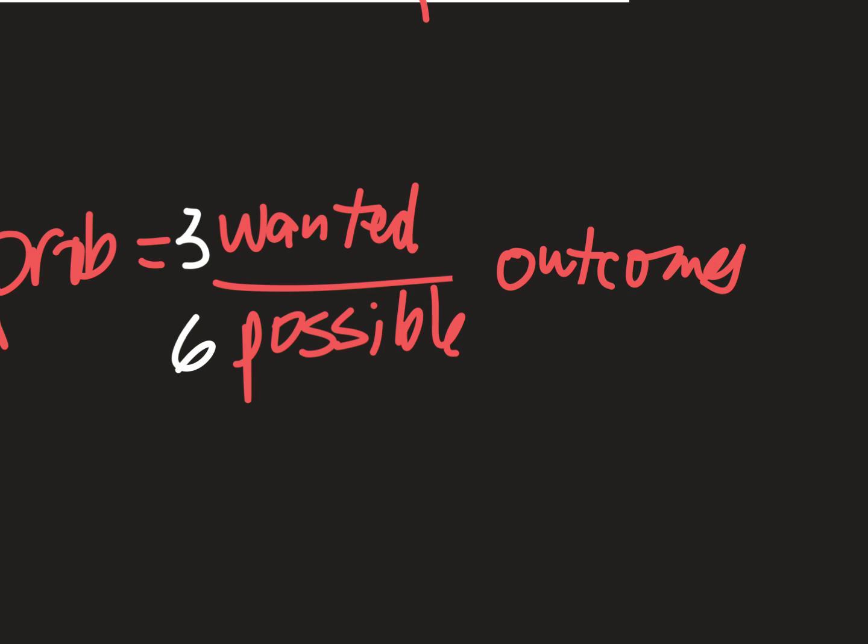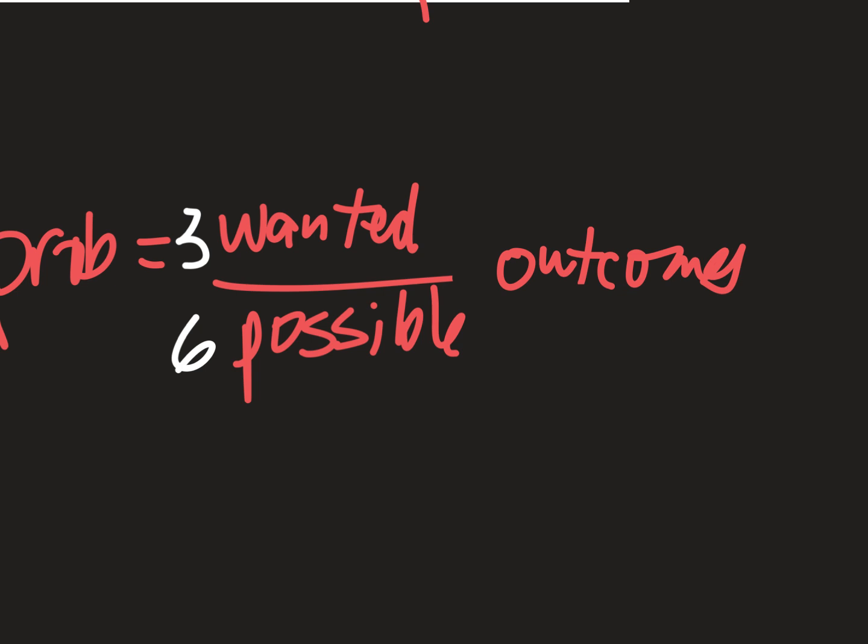Let's say I was doing it in this class and I wanted to do it with the probability that I randomly pick a kid and they have white shoes. How many of you look at your shoes would say, I have white shoes? Raise your hand if you would say you have white shoes. I mean, predominantly white. 1, 2, 3, 4, 5, 6, 7, 8.